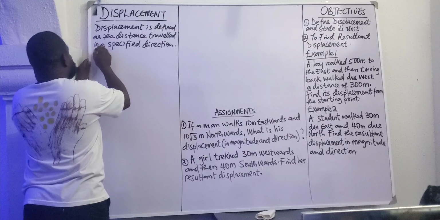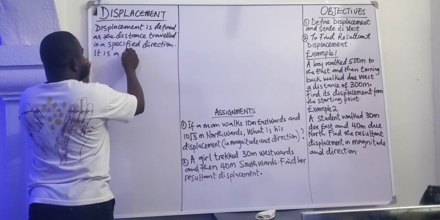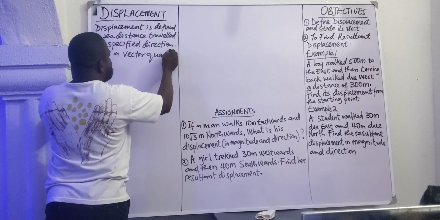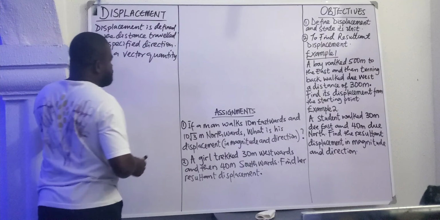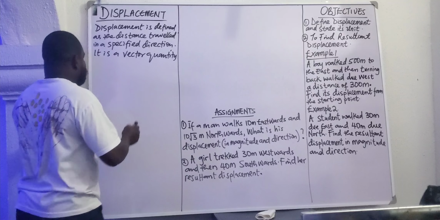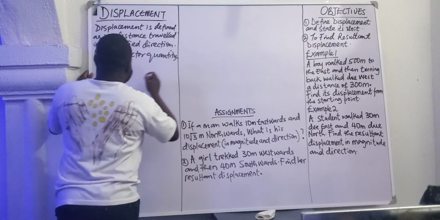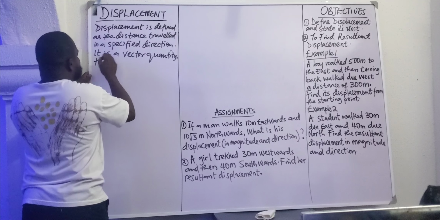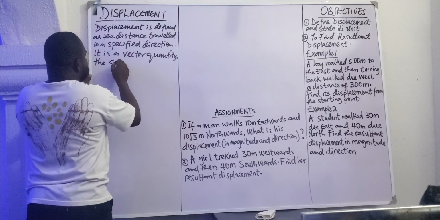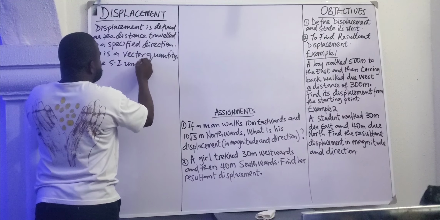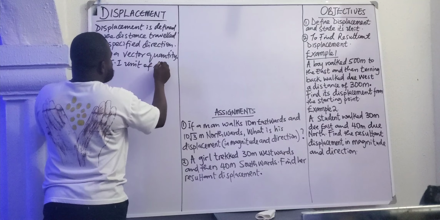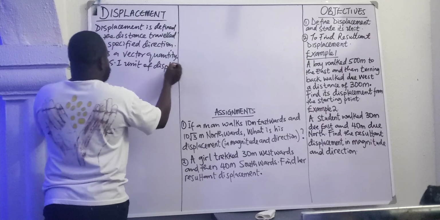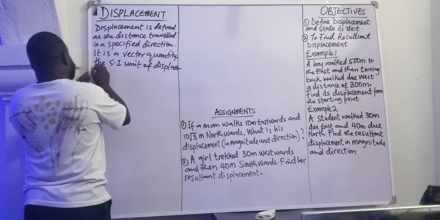I said it is a vector quantity. What does that mean? That it has both magnitude and direction. The SI unit of displacement is meter.